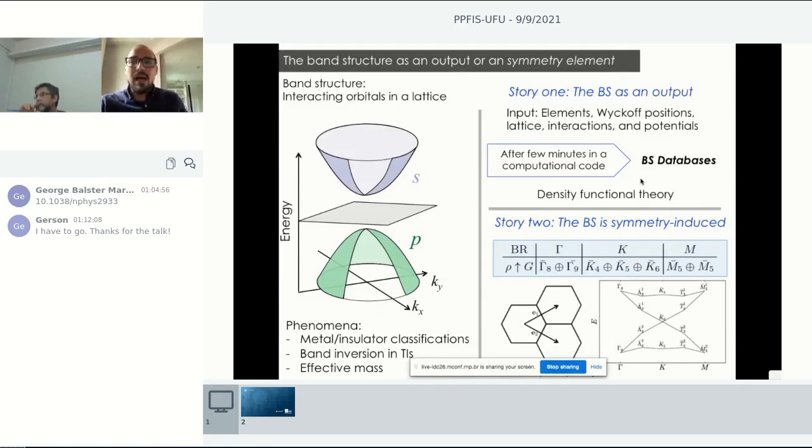Again, if you have, for instance, the elements, Wyckoff positions, lattice, and the whole information defining the compound, then you are able to understand how the orbitals in the reciprocal space induce degeneracies in the band structures. So you are essentially able to understand what is the symmetry representation of each band that you are able to have in your compound for the given lattice, Wyckoff positions, elements, and so on.